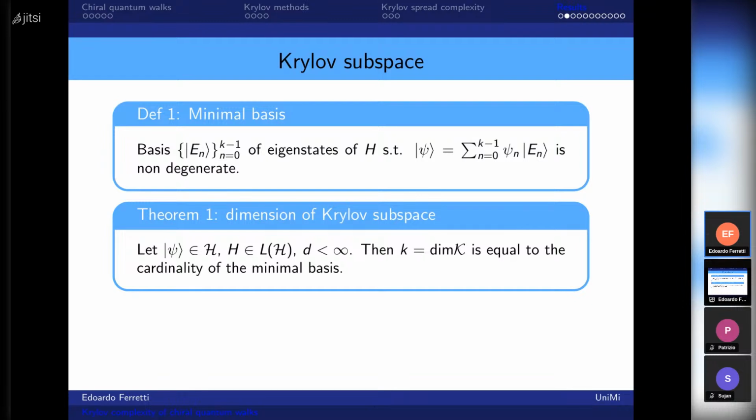Because if we have two different eigenstates that appear in the spectral decomposition of psi 0, we can just take their linear combination and define it again as an element of the basis of eigenstates, which is doable because any combination of two eigenstates with the same eigenvalue is still an eigenstate.